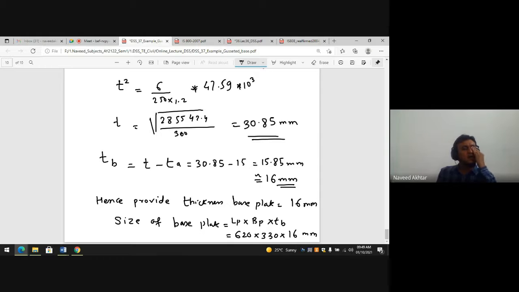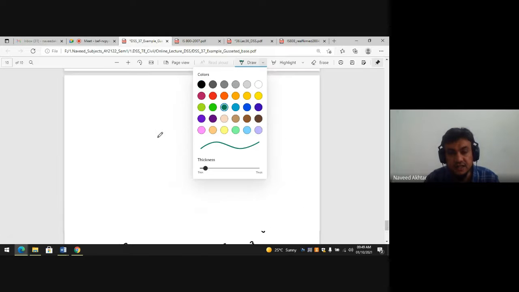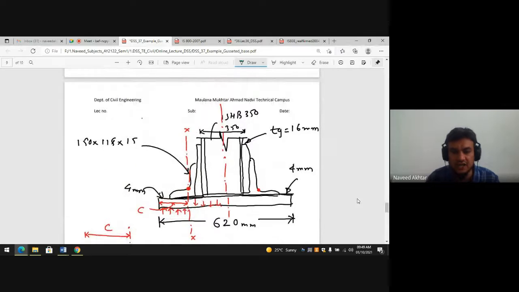Now you can write down all the details here. I have already drawn the figure, so I will not draw it again; you have to draw the figure. Overhang 4 mm, size of angle 150 by 115, thickness of the gusset plate.